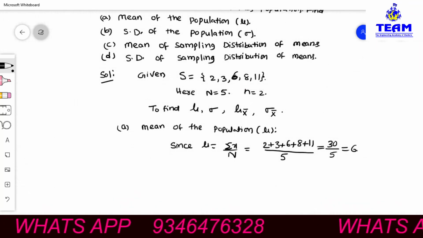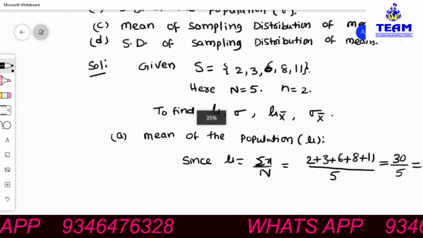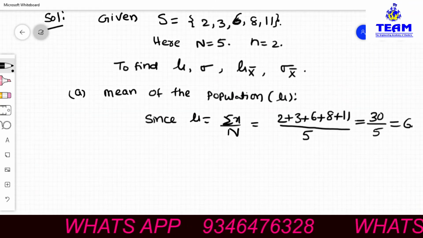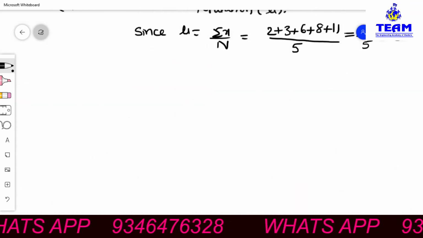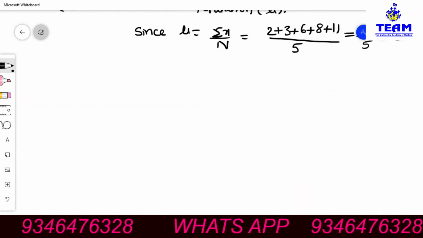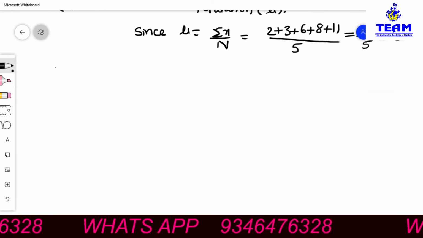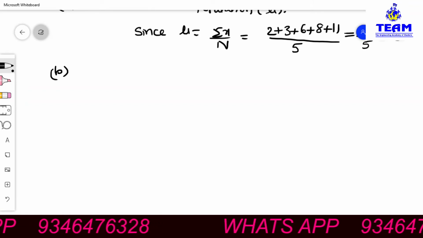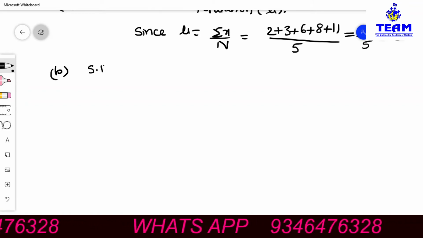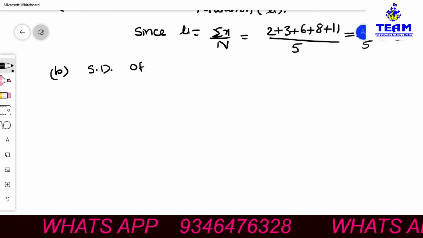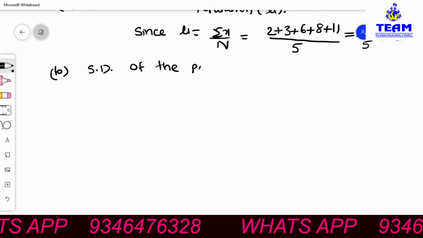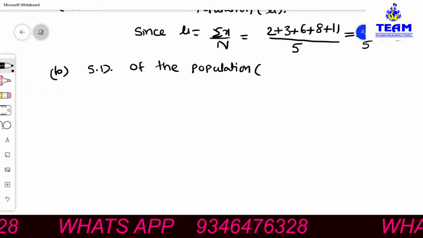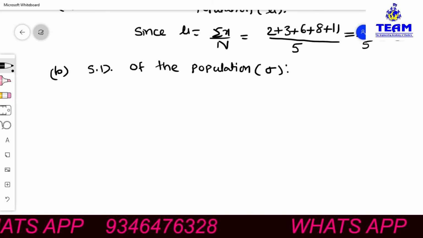Now I would like to find the standard deviation of the population, that is SD of the population, which is represented with sigma.